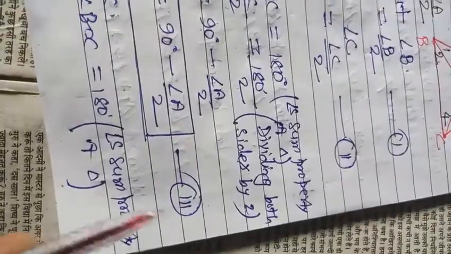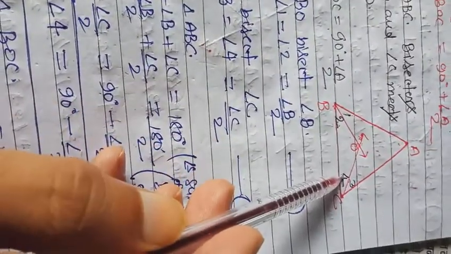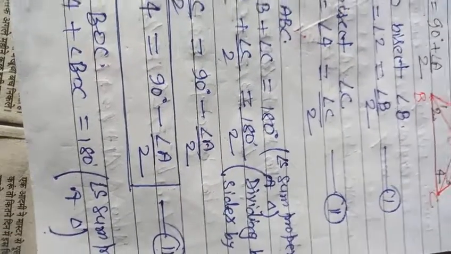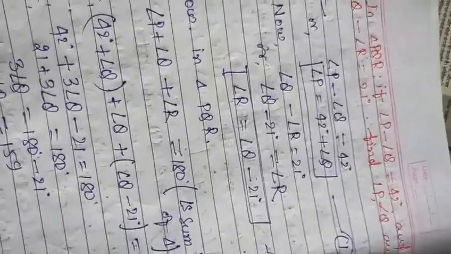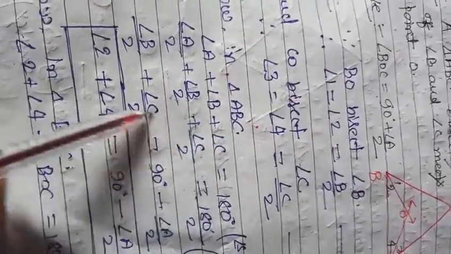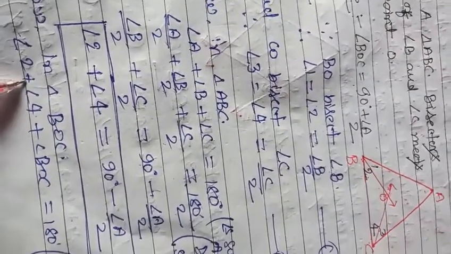Now this is equation third. Now in triangle BOC, angle 2 plus angle 4 plus angle BOC is equal to 180 degree, again by angle sum property of triangle. Now we put the value of angle 2 plus angle 4.